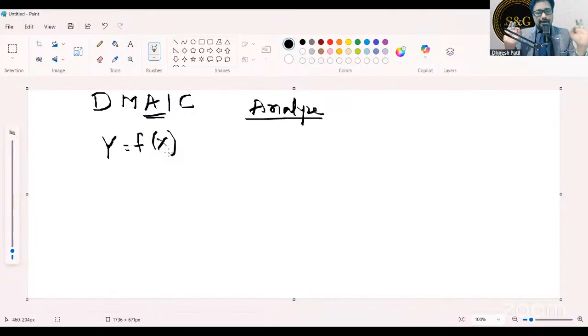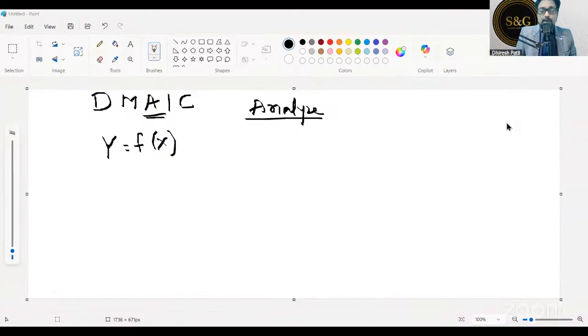Y is equal to function of x, which is the output depending on the input. Correct? Just give me yes in the chat box. Which clearly says that my output is impacted by the input factors.